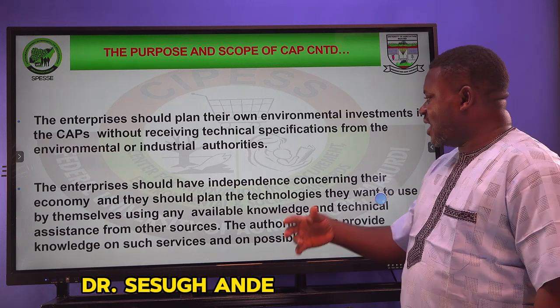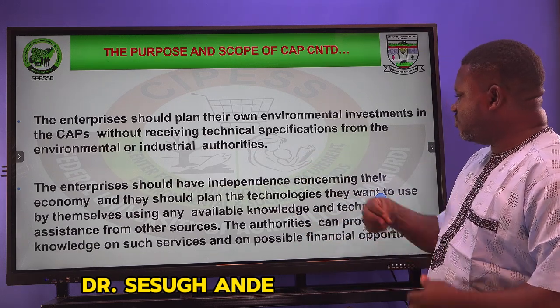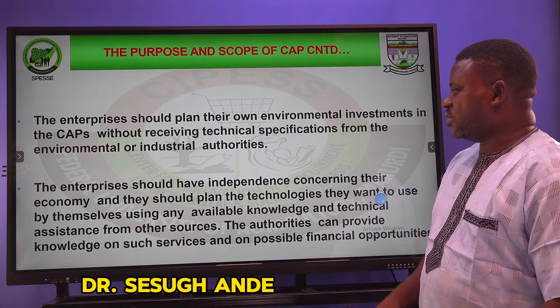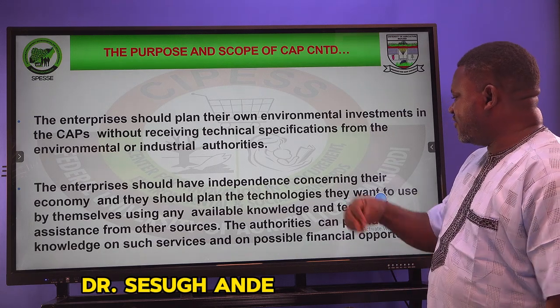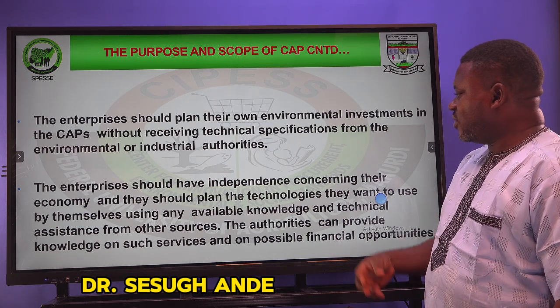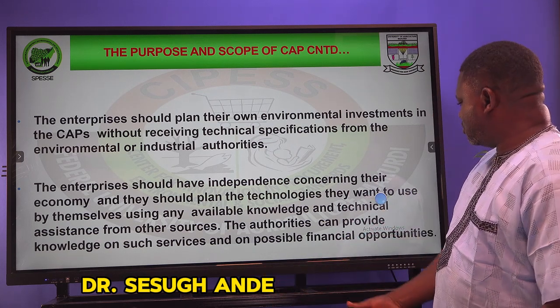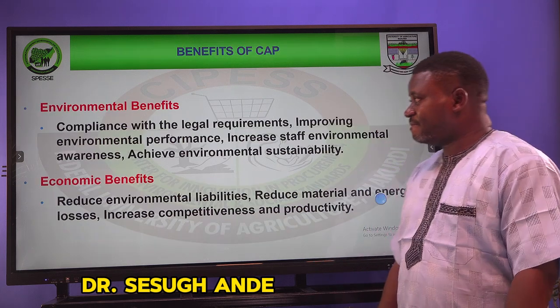The enterprises should have independence concerning their economy, and they should plan the technologies they want to use by themselves, using any available knowledge and technical assistance from other sources. The authorities can provide knowledge on such services and on possible financial opportunities.